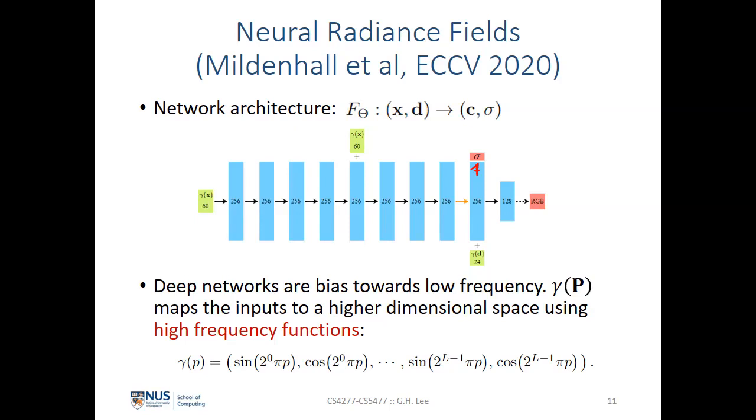This positional encoder is just a Fourier basis function. So all these, 2^0 pi up to 2^(L-1) pi, are the cosines and sines. These are your basis functions from the Fourier transform.